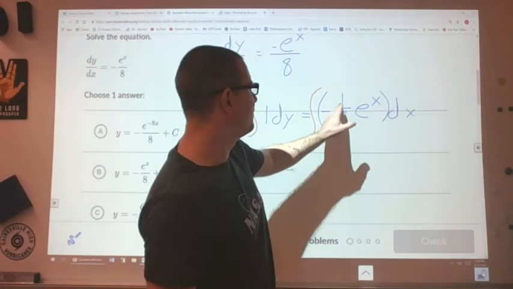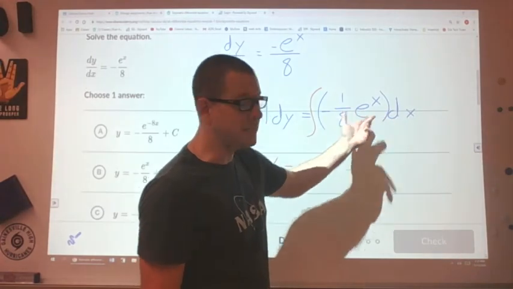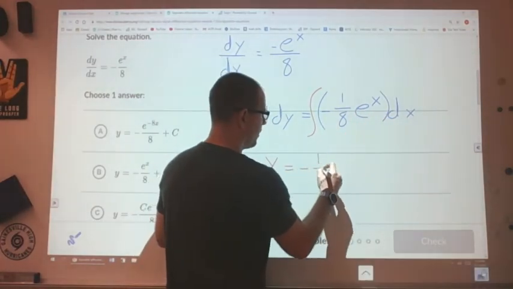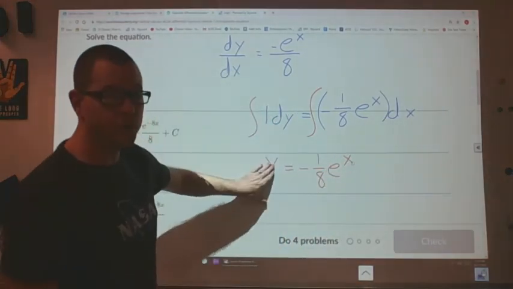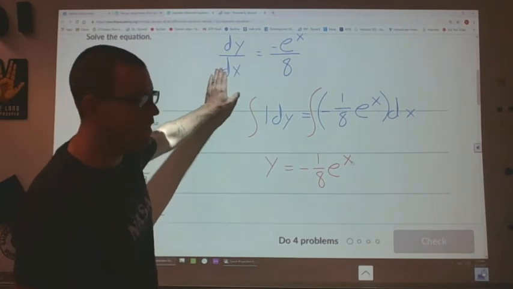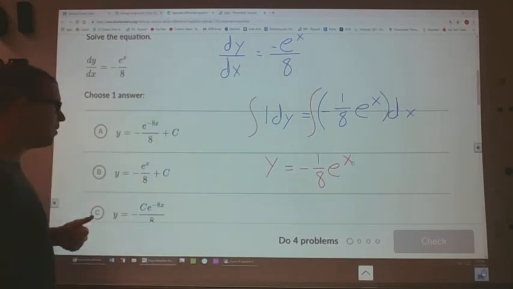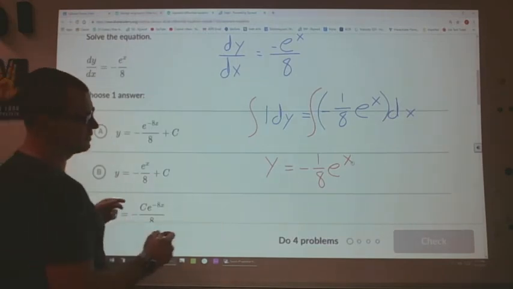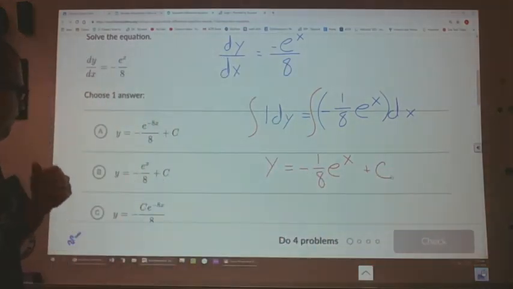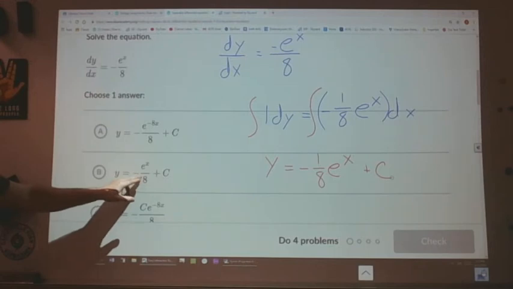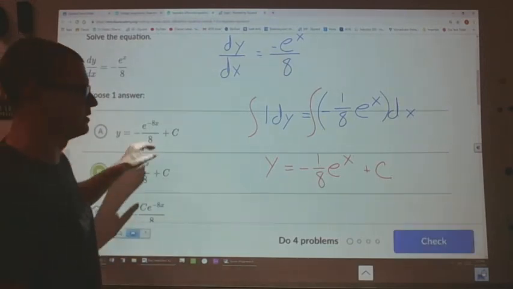The integral of negative 1/8 e to the x dx is negative 1/8 e to the x. Doesn't change. That's negative 1/8 e to the x. Now this one comes out solved for y, and that's because we didn't have any y variables, we just had x. So we could have just integrated initially, but that's how all of these are really going to work, plus c, which we could then solve for if we knew an initial point. So that's not a great example. Not as fun as they can get.